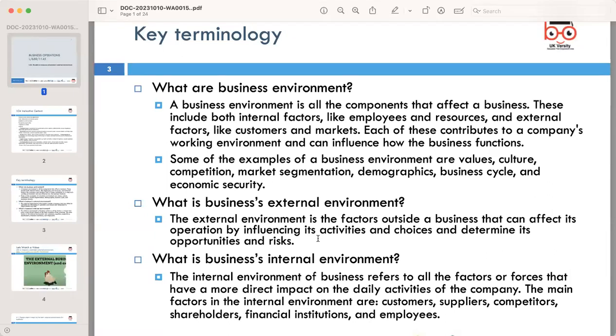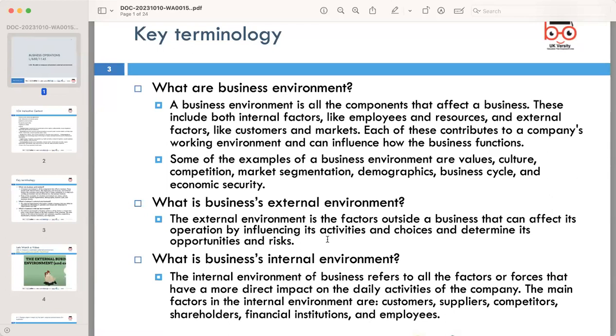Basically, the external environment of a business refers to factors outside the business that can affect its operation, performance, and profitability. These external factors influence the activities and decisions of the business, determining the opportunities and risks it faces.